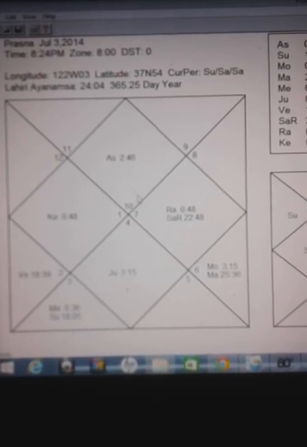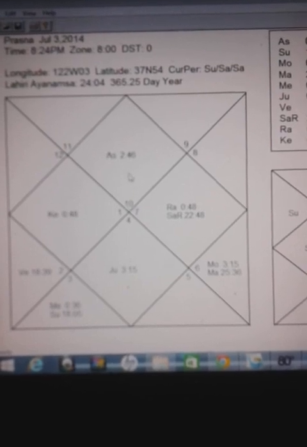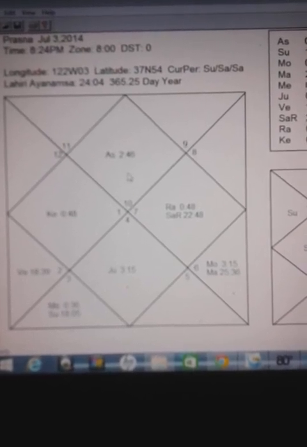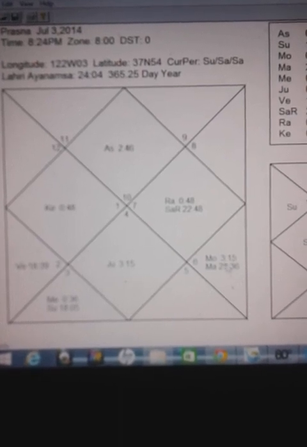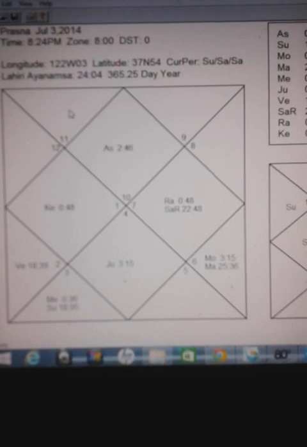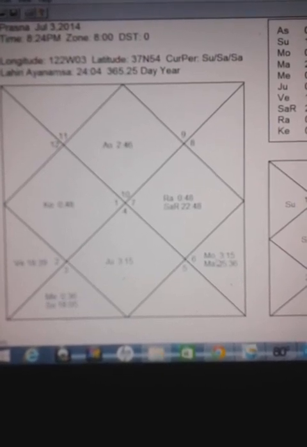Don't worry about the number which is mentioned here for now, because we're going to get into that later. For now, just understand that this is the first house, and as we go along anti-clockwise, the numbers keep increasing. So this is the first, the second, the third, the fourth, the fifth, the sixth, the seventh, the eighth, the ninth, the 10th, the 11th, and the 12th.